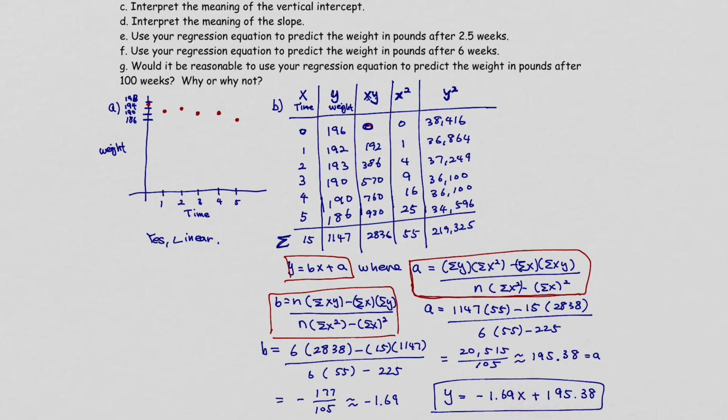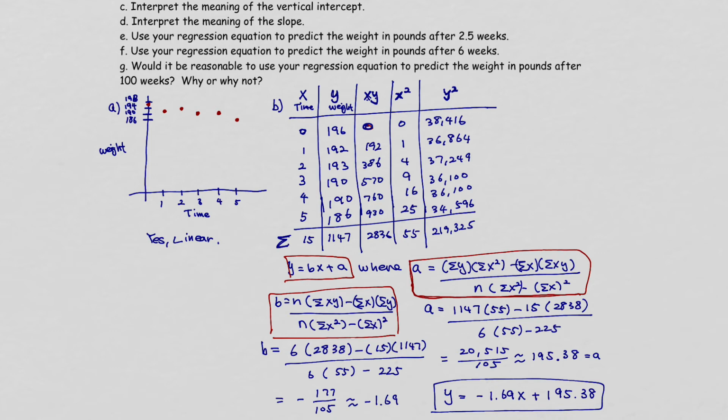So when there was 0 time, when you're starting, the person will have 195.38 pounds to start, approximately, right? Because we were rounding the number before. So that's the value it's starting. So when x is 0, this is going to be the value you're going to get. And since here x is time, 0 time, the very beginning, this is the starting weight. That's what it means on part C.